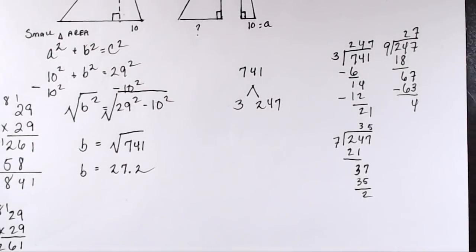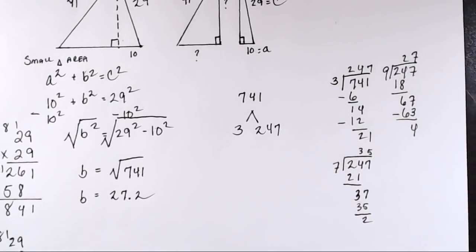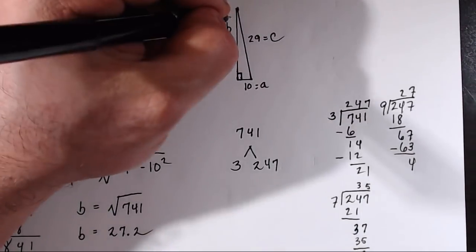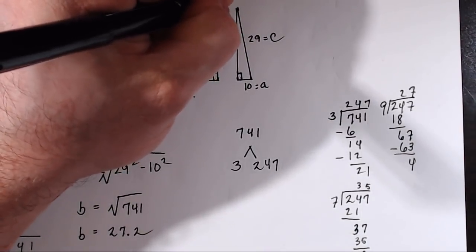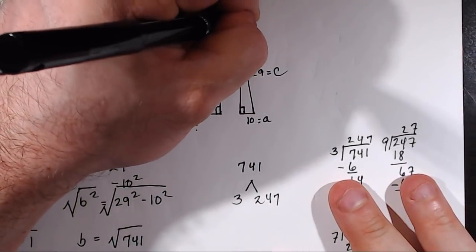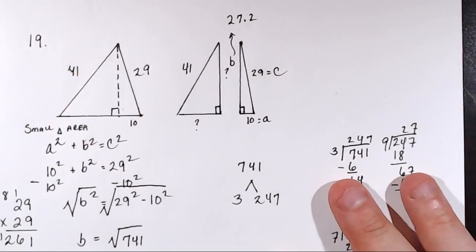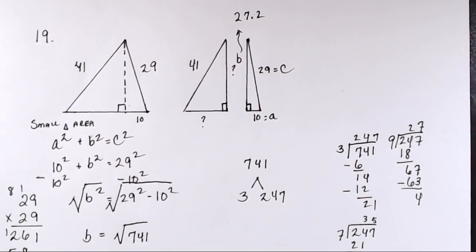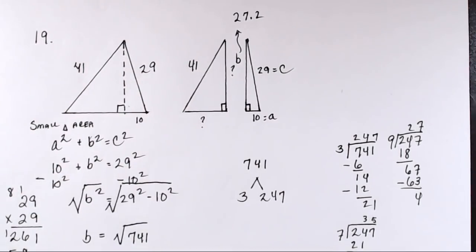All right, so the height is 27.2. This value right here is 27.2. And now that I know that, I can find the area of this triangle.